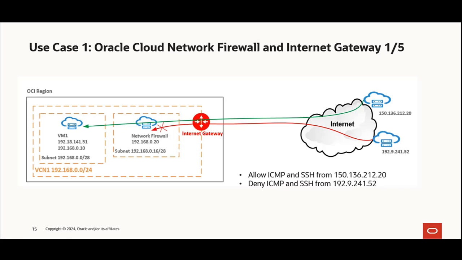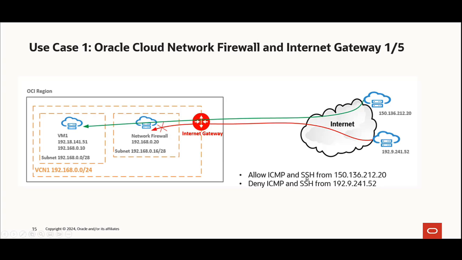More than that, we need to configure the network firewall so that all these actions are logged. So I just want to see when my ICMP and SSH are being allowed from 150, and when my SSH and ICMPs are being dropped because the connections are being initiated from 192. Let's see how we can configure this.